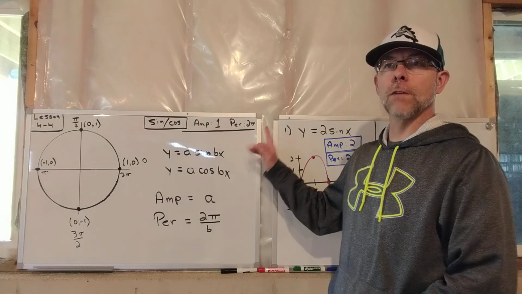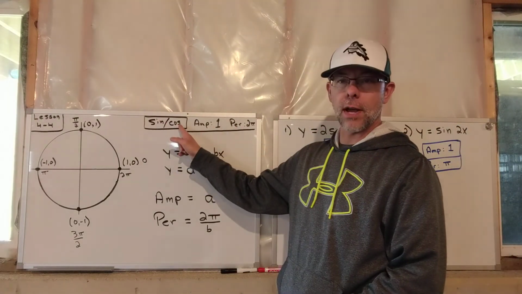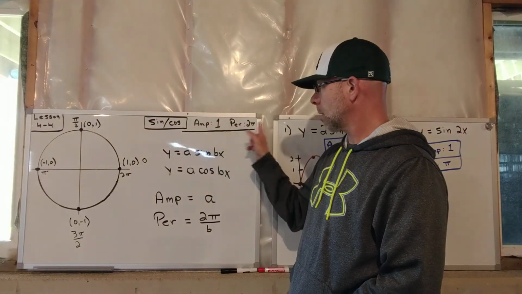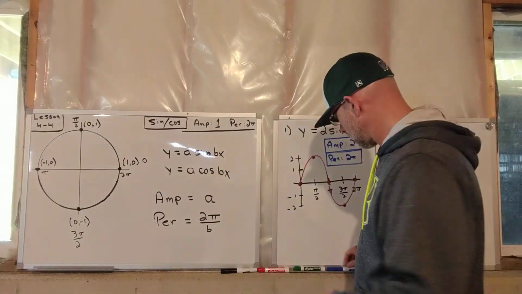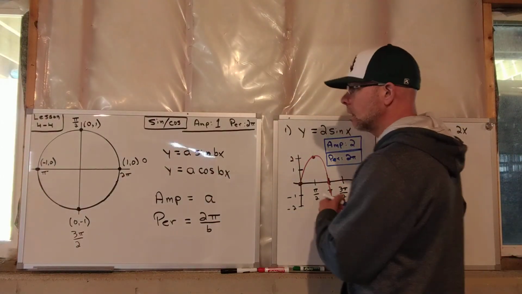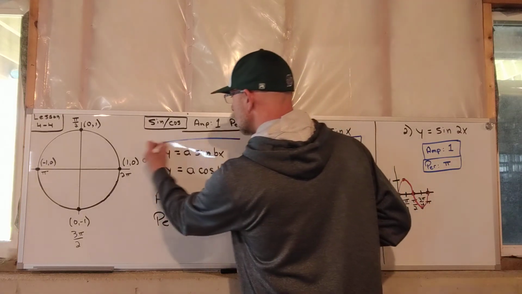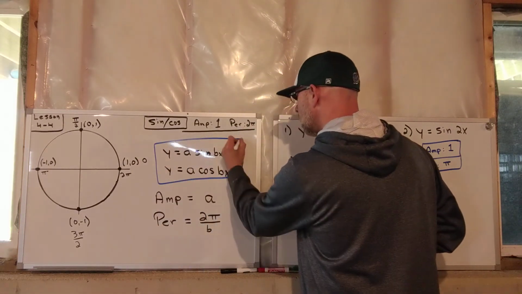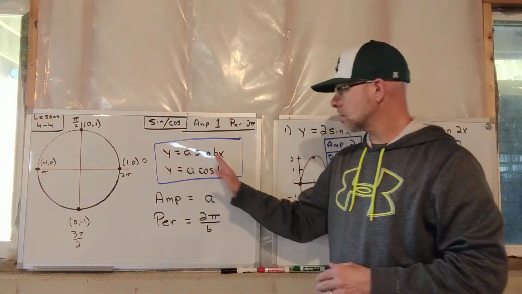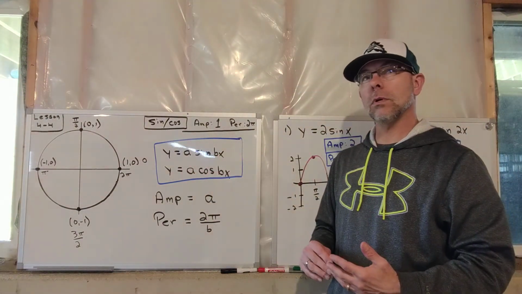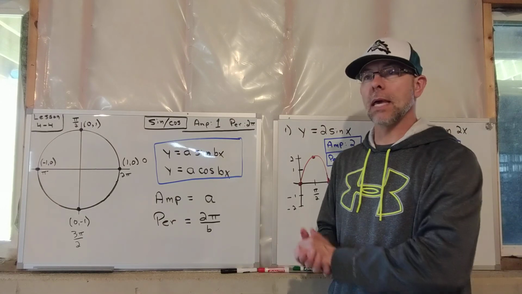Here's the information. For your standard sine and cosine graph, the amplitude's 1, period's 2 pi. However, we look at this as being the main form of the functions: y equals a sine bx and y equals a cosine bx.